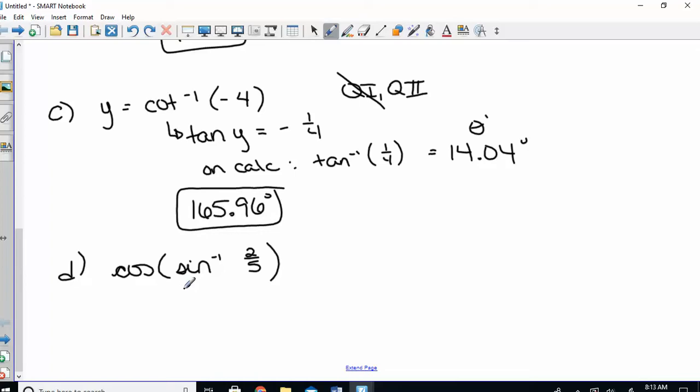What we know is the answer to an inverse is an angle, so this represents some angle. On these, I would say give me the exact value, so not something from the calculator, so we have to work it out. What we need to find is cosine of whatever that angle is. Do you guys remember what we did on these?